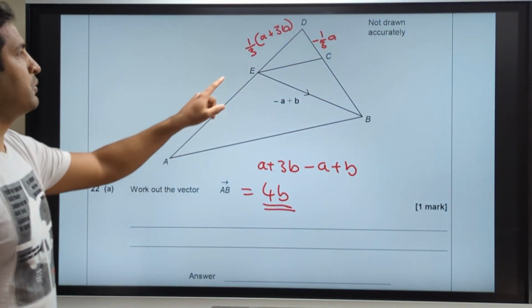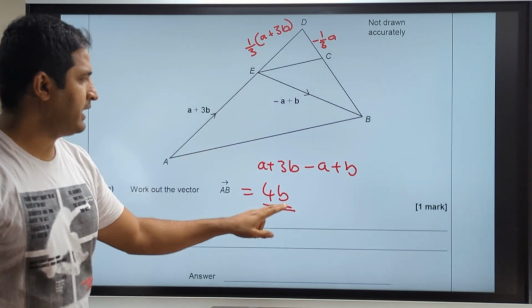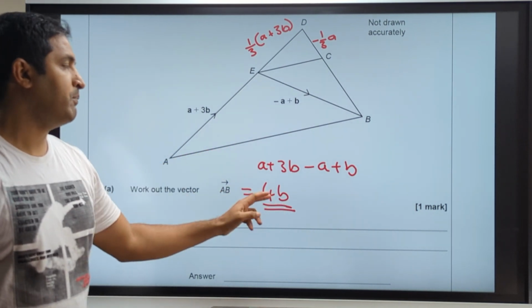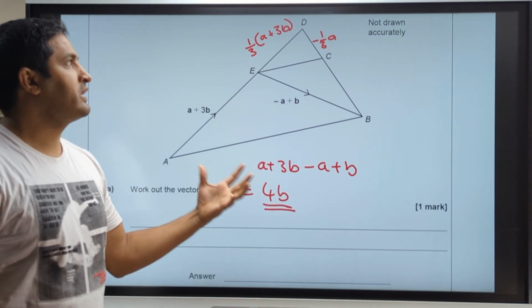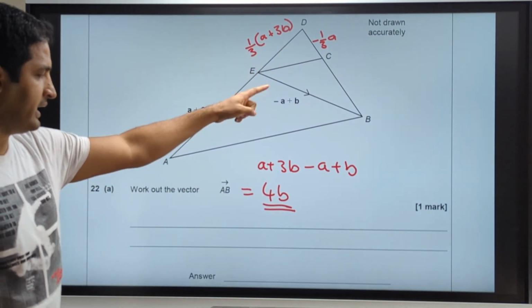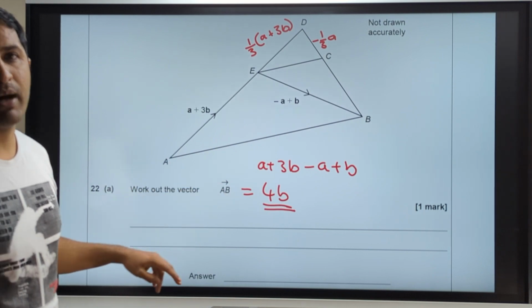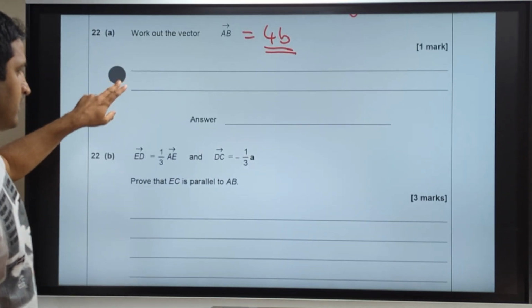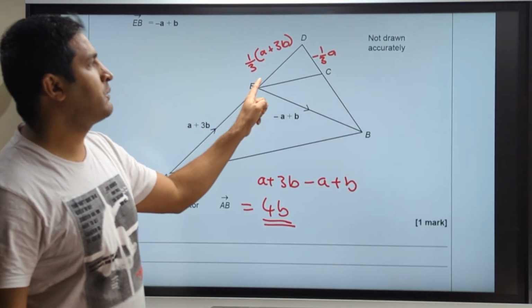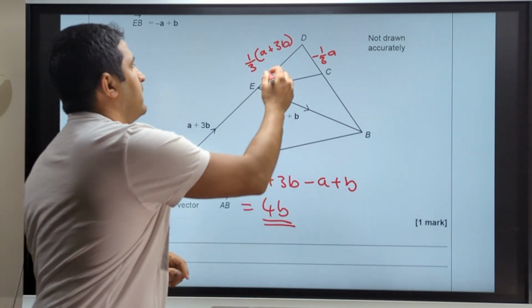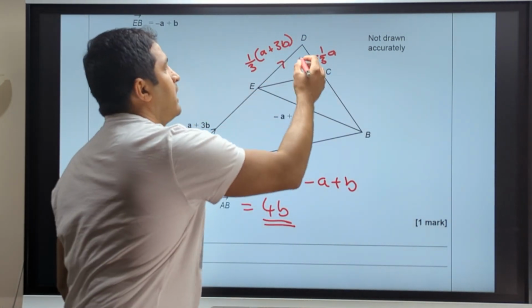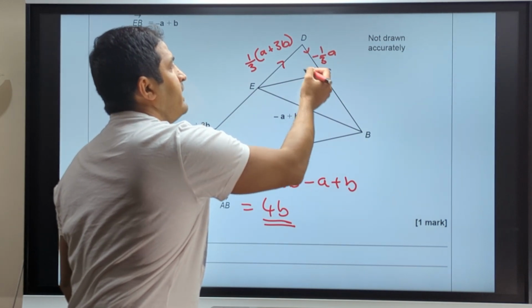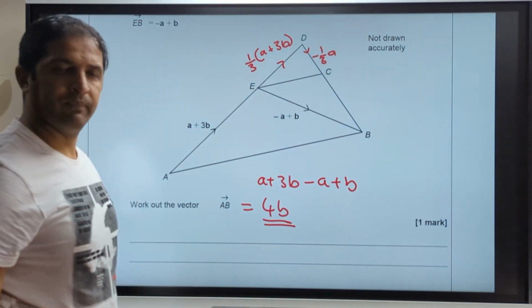And we want to prove that EC and AB are parallel, so EC should be a multiple of b, just b. So we're going to work out what EC is going to be. ED add DC will give you EC.